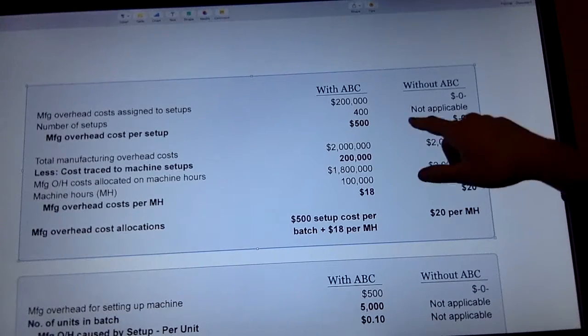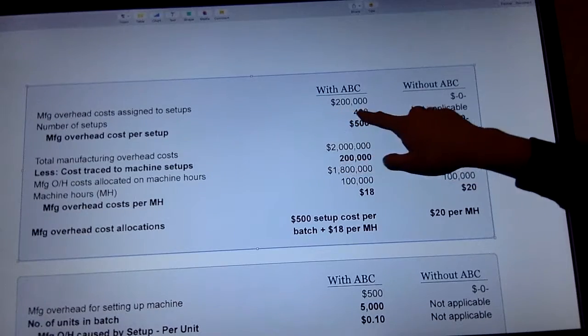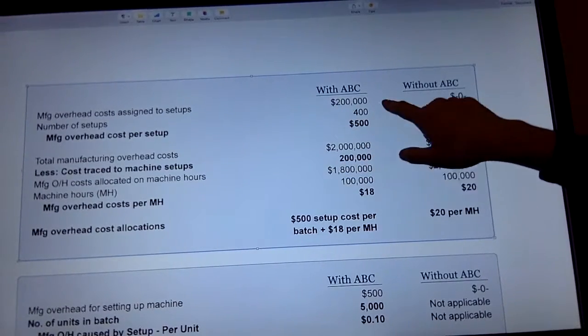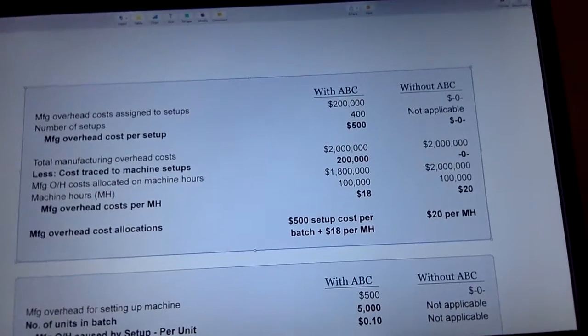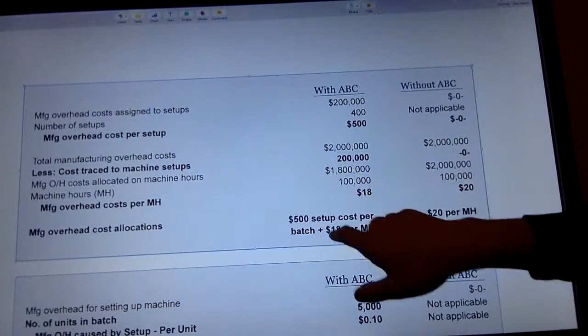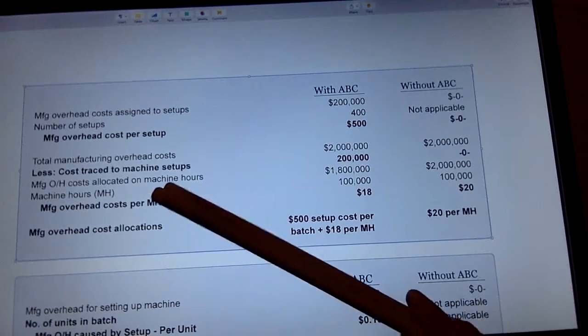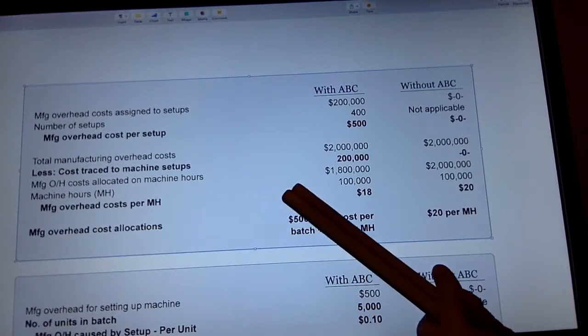So when you do that, we're accounting for setups, the 400 of them, which at $500 per setup equals 200,000. And we're going to go over here to total manufacturing overhead, which, let's say for drumsticks, is 200 million for the factory.